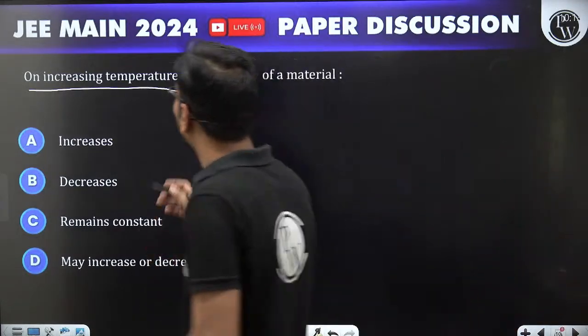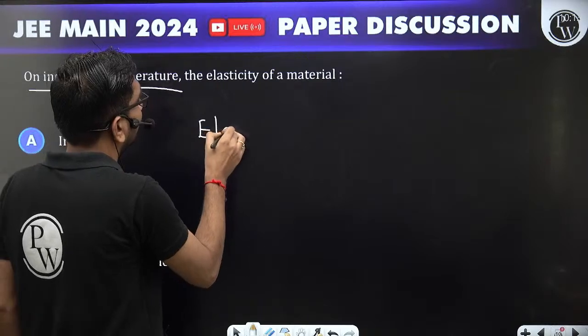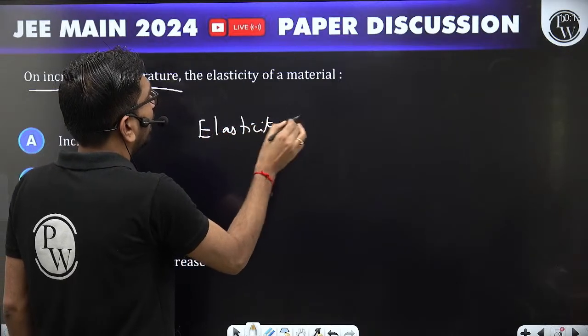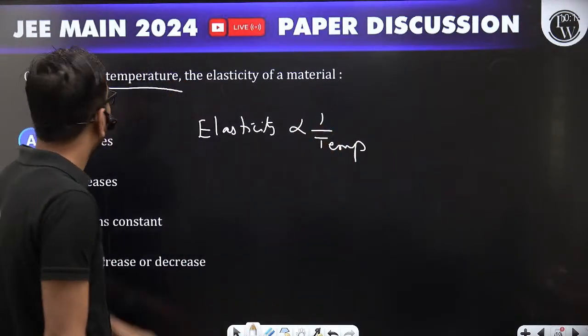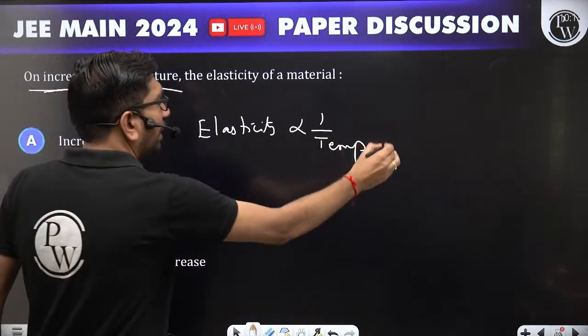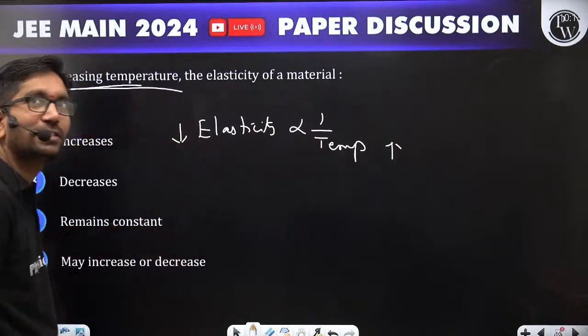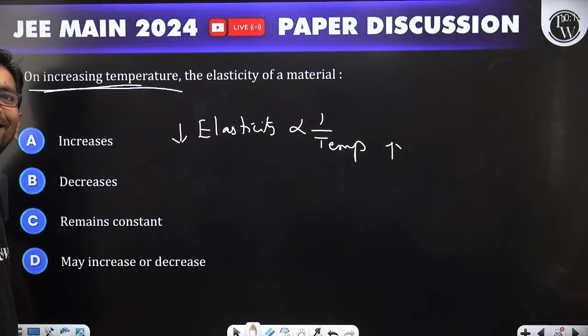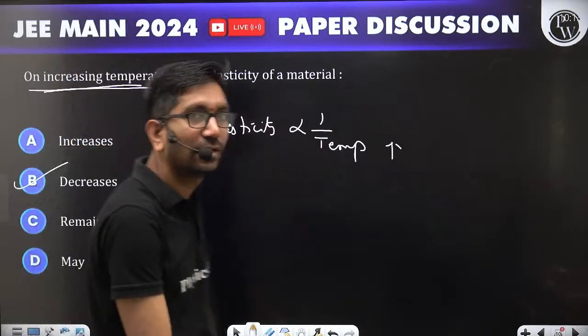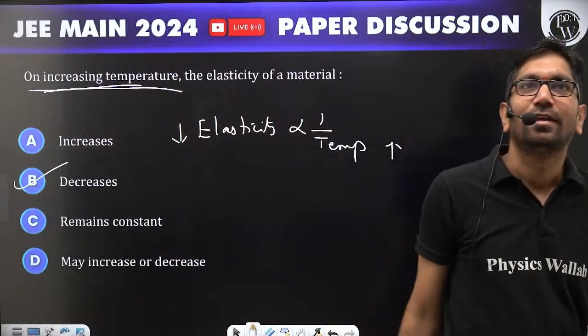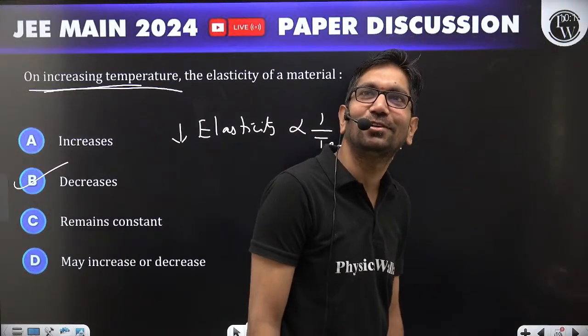Elasticity is inversely proportional to temperature. Am I right? Yes. So on increasing the temperature, the elasticity decreases. Decreases, beta. Okay, chalo.